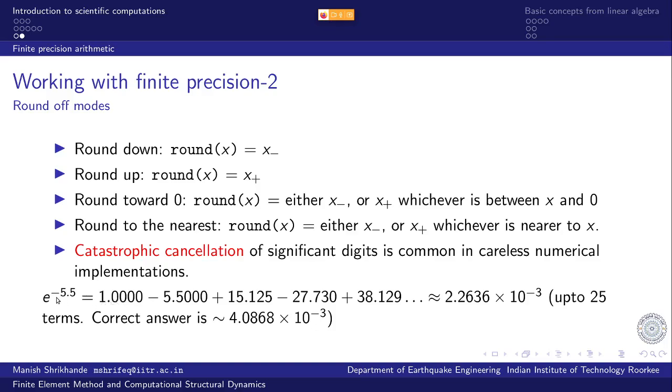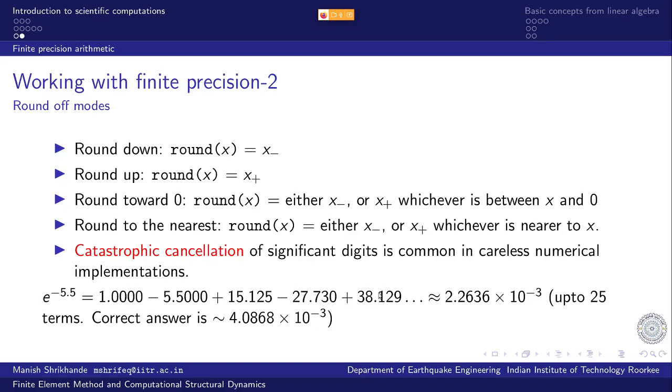So if I do this e raised to the power minus 5.5, just some number, and I substitute in the series expansion, and continue this series and I retain how many significant digits? 1, 2, 3, 4, 5. 5 significant digits in the results.